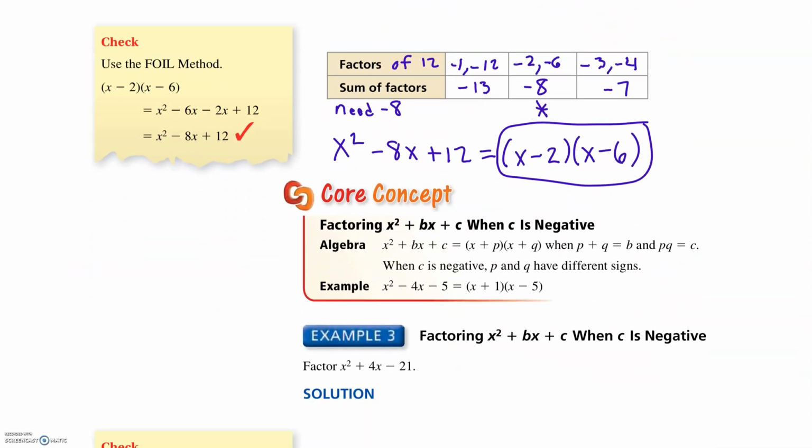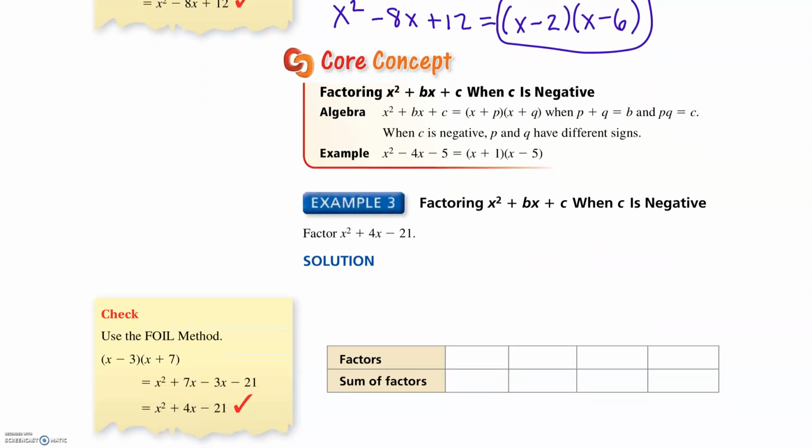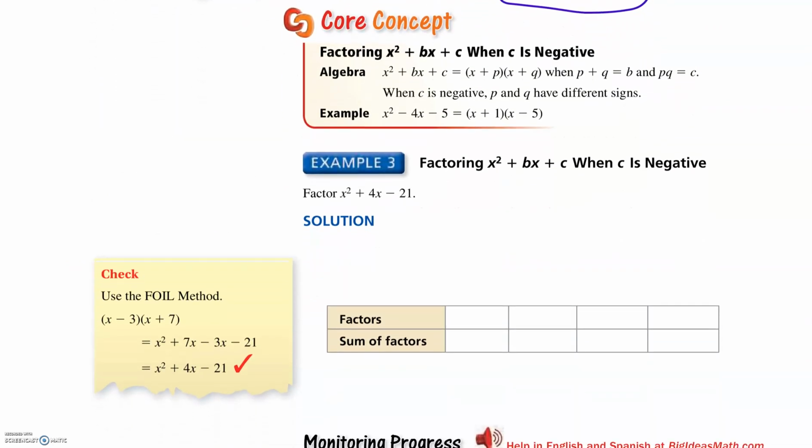All right, now what happens when c is negative? The last case that we're going to look at here is how do we factor x squared plus bx plus c when c is negative? And b can be positive or negative. We'll just be looking at what happens when c is negative. So if c is negative, we still have p plus q adds up to b, and p times q has to multiply to create c.